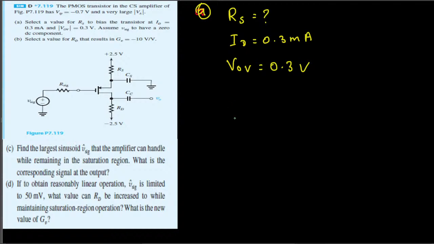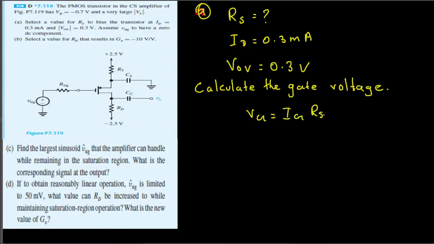So in order to find Vs, the first thing is we can find vsg. To find vsg, I have to know Vg, the gate voltage. Calculate the gate voltage, and Vg is given by Ig times Rsig, and this is a PMOS transistor.